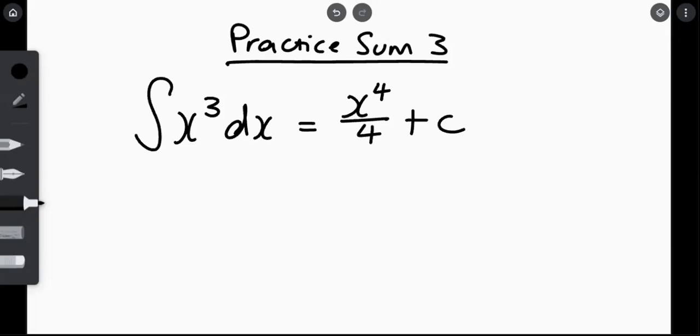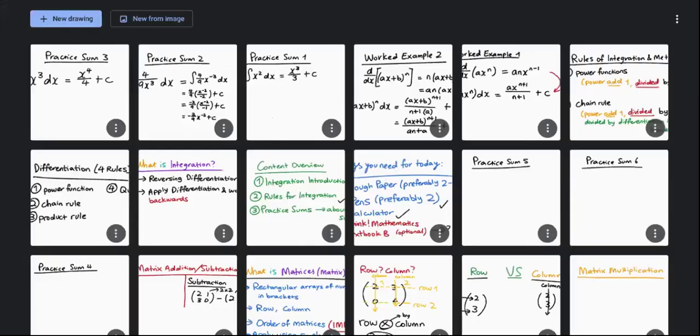Okay, now we come to practice sum 4. For practice sum 4, it will be a square root.